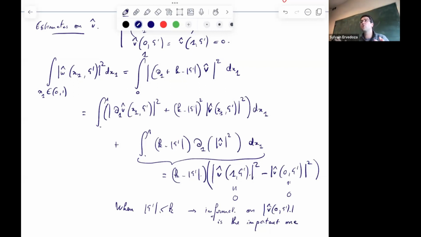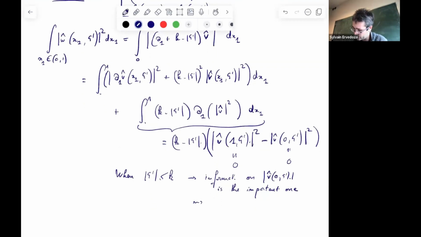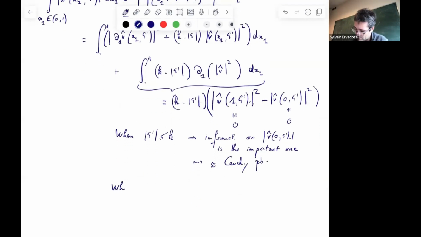So it means that for low frequencies, the computation you are doing is very close to the case of the Cauchy problem, where you are going to use the information in x1 equal to 0. So this is close to the Cauchy problem. When psi prime is larger than k, the sign of k minus psi prime will change. So this is a high frequency regime.